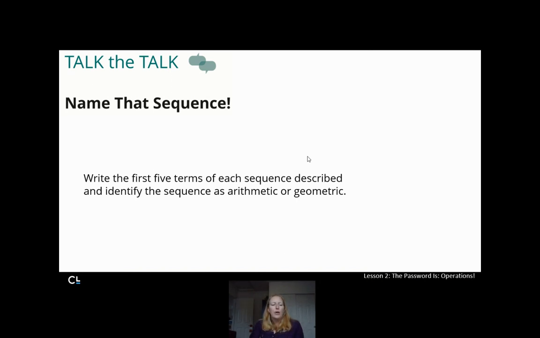For each of these, 1 through 4, I want you to write the first 5 terms of the sequence that they describe and identify the sequence as arithmetic or geometric. Go ahead and hit pause, work all these out, and then hit play when you're ready to check your work.